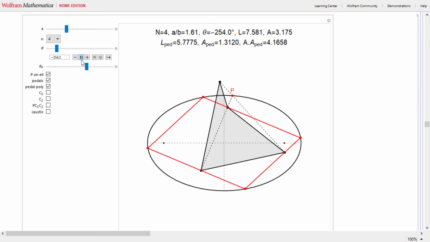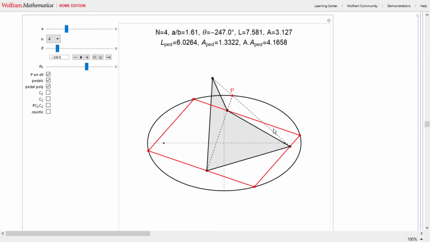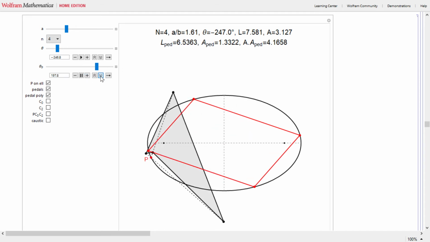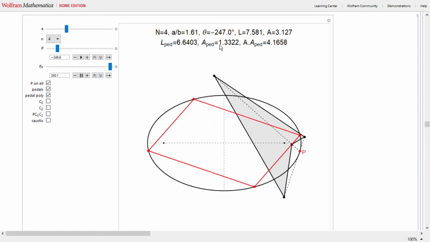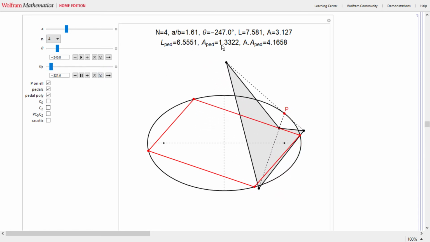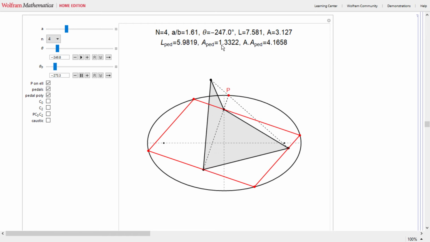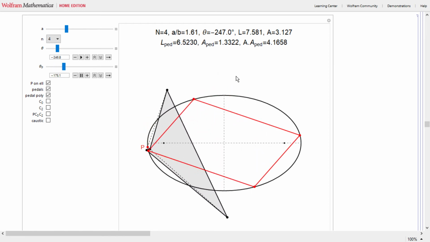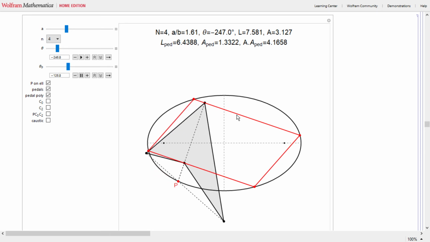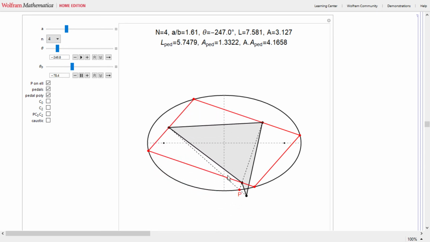Now, if instead of animating over the family of parallelograms, I animate over position of P on the boundary of the ellipse, like so, another phenomenon happens. The area of the pedal polygon itself is invariant. Of course, the area of the fixed parallelogram is invariant, so their product is going to be invariant.